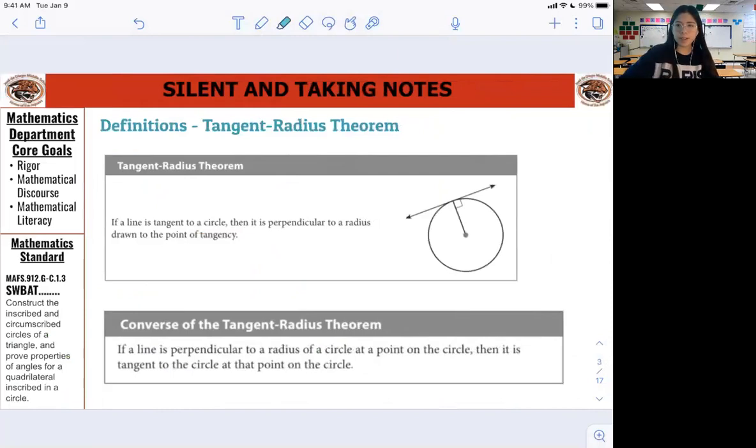Who can read this one? Oh, there's Daniel. How about Rios? Can you read the tangent radius theorem for us, please?